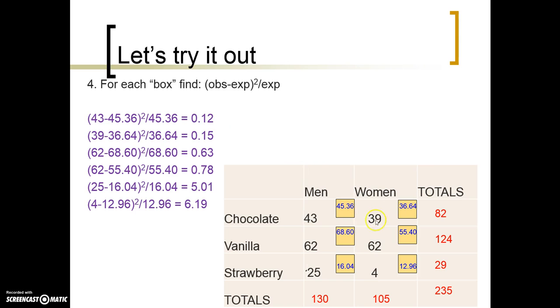Next cell. 39 minus 36.64 squared divided by 36.64, and I get 0.15. So I do this for every single cell. Then I'm going to add them up, and that 12.88, so I'm adding up these guys right here. That 12.88 is our chi-square value.